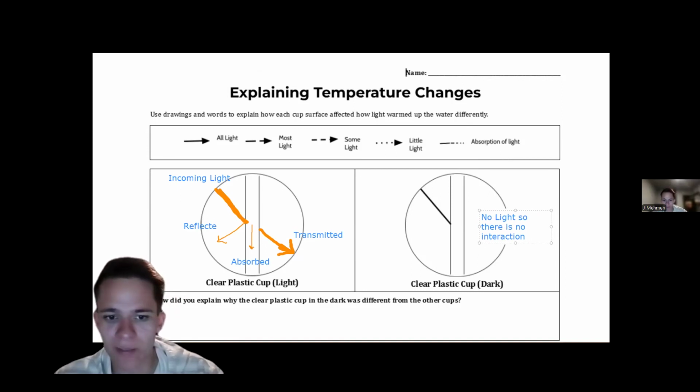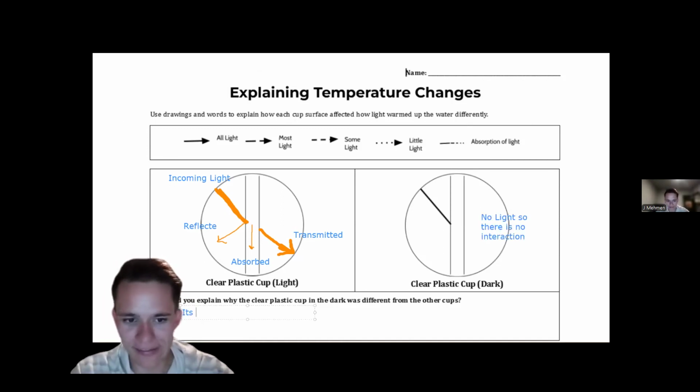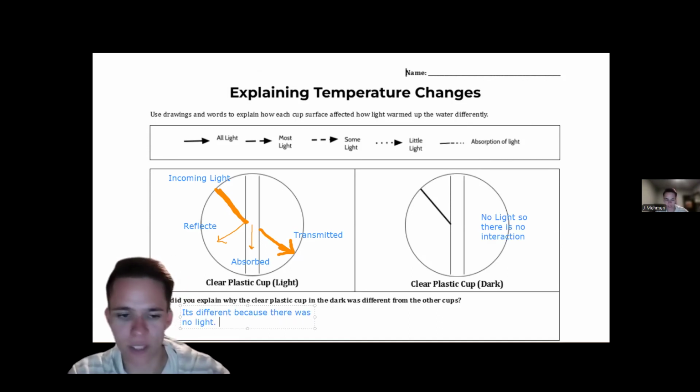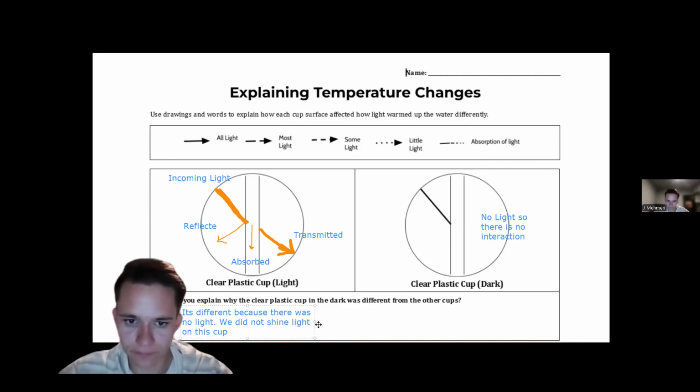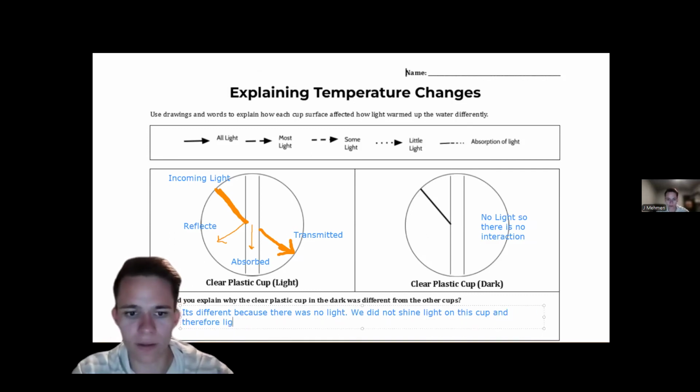How did you explain why the clear plastic cup in the dark was different from the other cups? It's different and similar in kind of two aspects. It's different because there was no light. We did not shine light on this cup, and therefore light was not a factor.